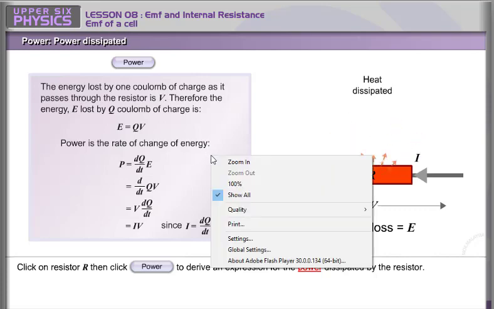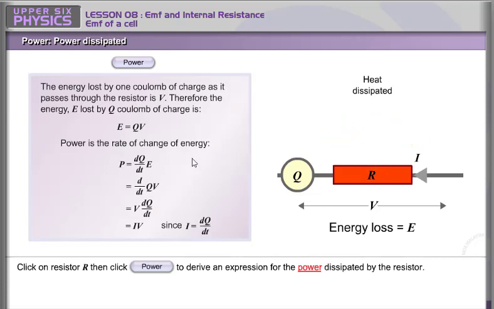This here is wrong, there is no Q here; E is supposed to be here, dE over dt, the rate of change of energy. Now E replaced with QV, then you get this.